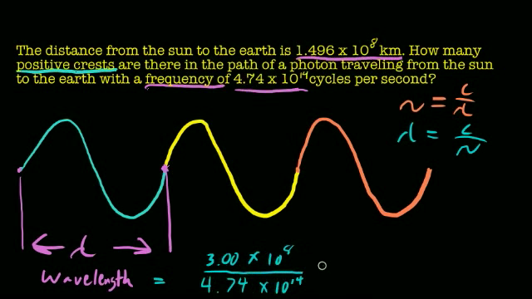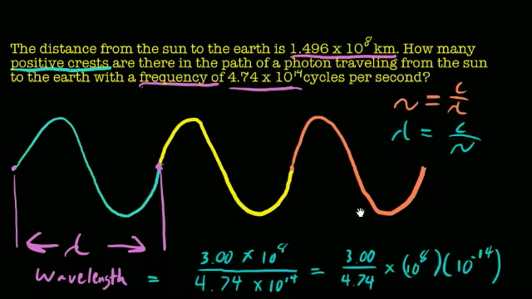Okay, and I'm just going to work out the exponents on the side here. So this is going to be equal to the same thing as 3.00 divided by 4.74. And if instead of dividing by 10 to the 14th, we multiply by 10 to the minus 14th, right? So we just multiply 10 to the 8th times 10 to the minus 14.